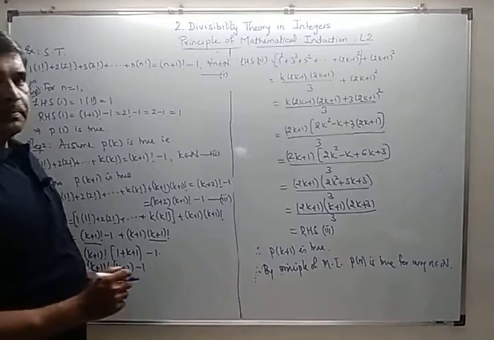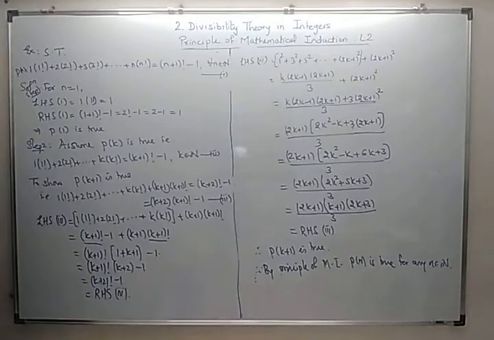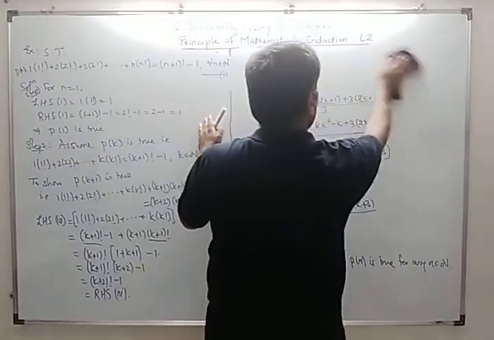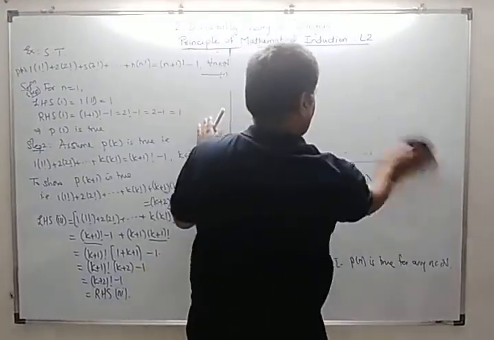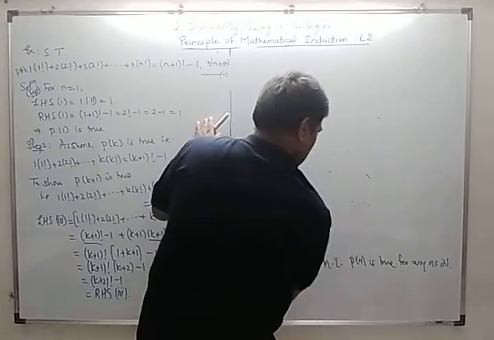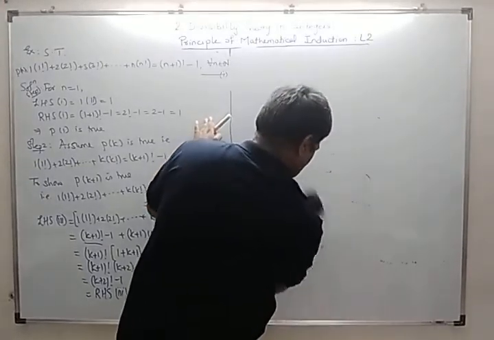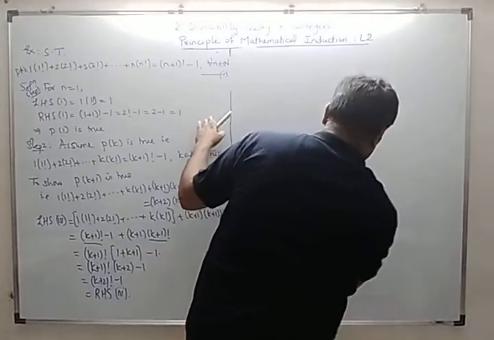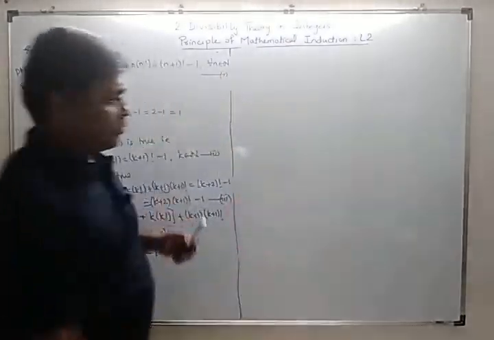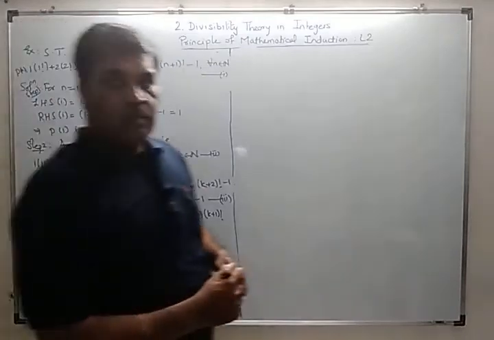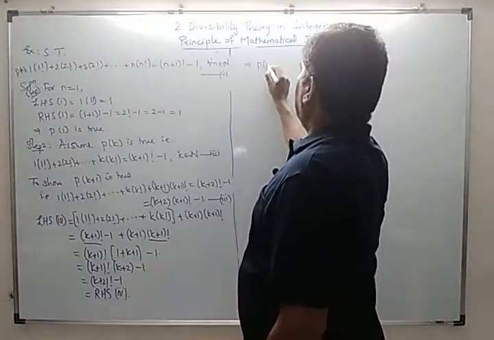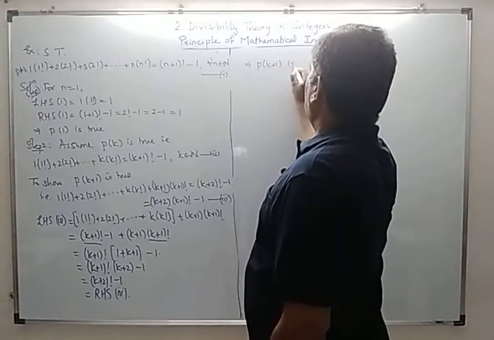And therefore P of k plus 1 is true. This implies P of k plus 1 is true.